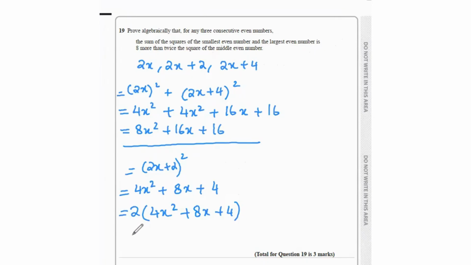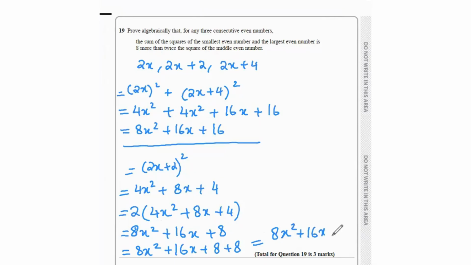That's going to give us 8x squared plus 16x plus 8. Then it's 8 more. So now we add 8 to this. And as you can see, it's giving us the exact same answer that we found, 8x squared plus 16x plus 16. So yes, it does give an answer that is 8 more than twice the square of the middle number.